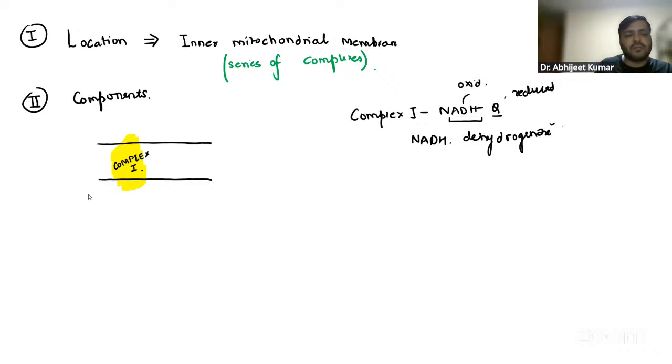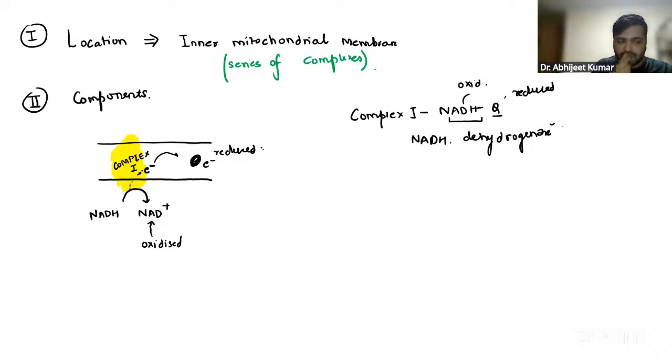So this complex 1 is fixed, guys. We have NADH changing into NAD plus. When I say NAD plus, you can understand this is oxidized. Now this hydrogen, or the extra electron, will jump over here and change into the reduced form.